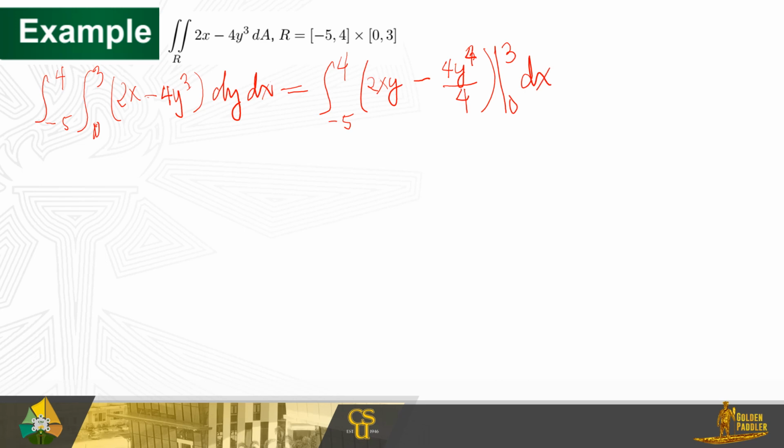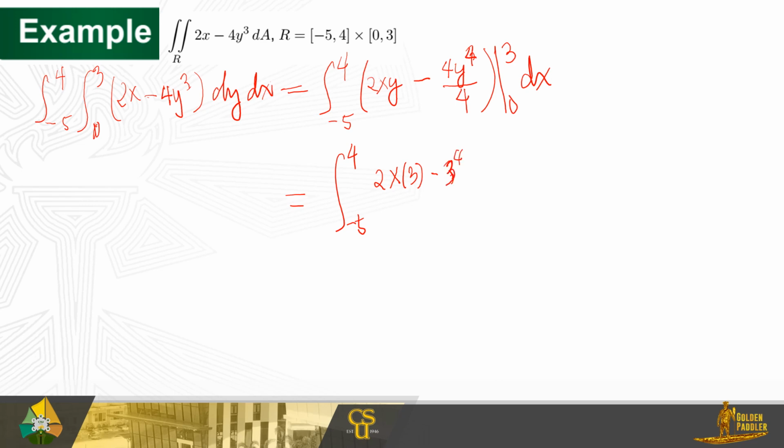Okay, so we have the integral from -5 to 4. So magiging 3 yung mga y's natin dito. So 2x times 3, minus 3 raised to the power of 4.